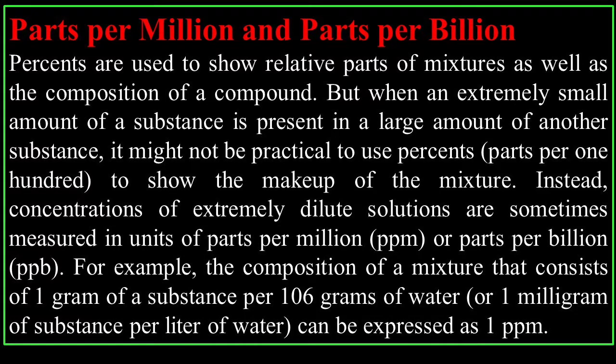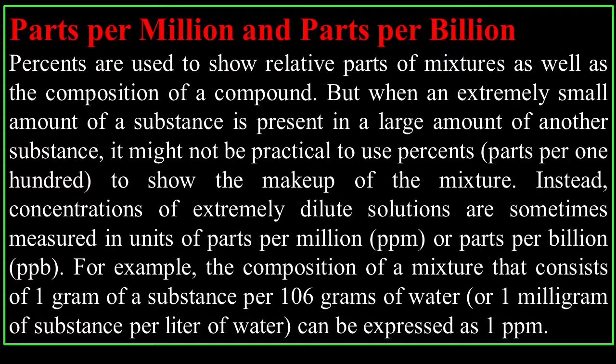Parts per million and parts per billion. Percents are used to show relative parts of mixtures as well as the composition of a compound. But when an extremely small amount of a substance is present in a large amount of another substance, it might not be practical to use percentages. Parts per 100 is actually a percentage to show the makeup of the mixture.